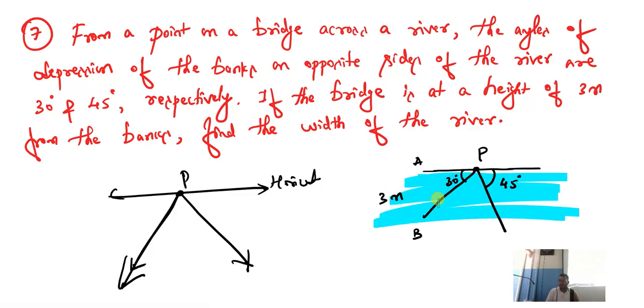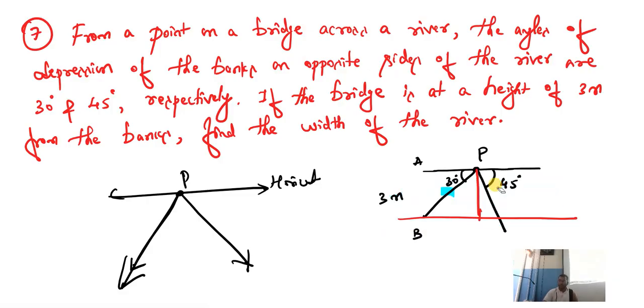See here. Let me consider the height of the bridge is this length. Let me draw one more line here. Now this is my height of the bridge. Can you take it like this? Now, if I take this line as my height of the bridge, please understand carefully. I am going to erase this part.